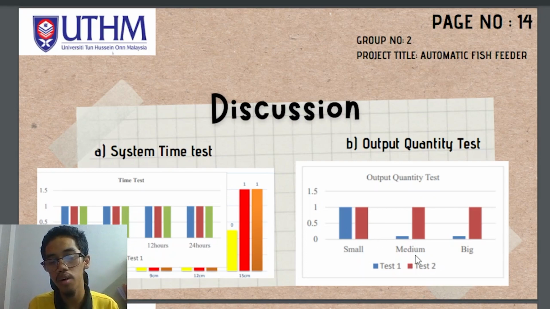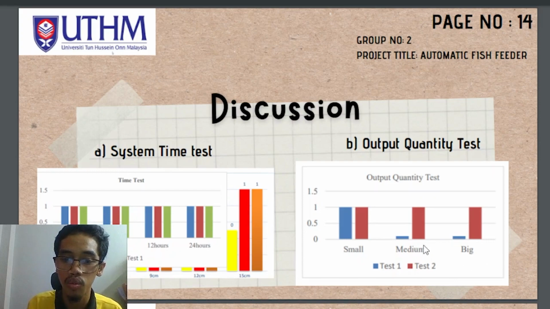But in test 1, the medium output is too many. Same goes for big, which is too much food going out from the project.